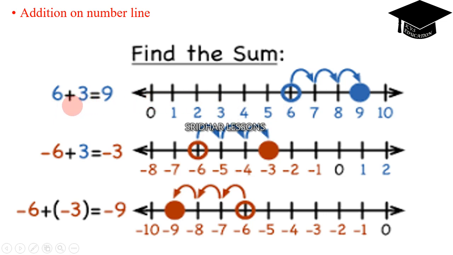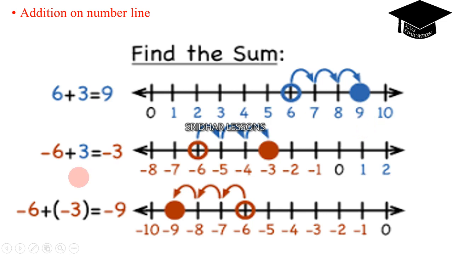From 6 we move right for 3 places. First place 7, second place 8 and 9 for the third place. We move 3 positions because it is plus 3. So the result is 6 plus 3 equals 9.